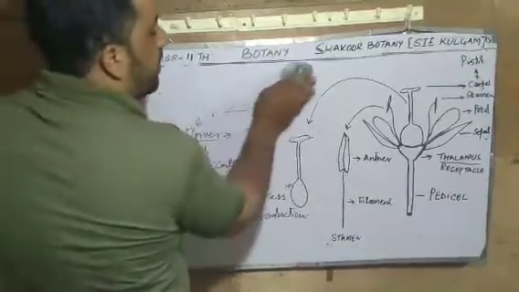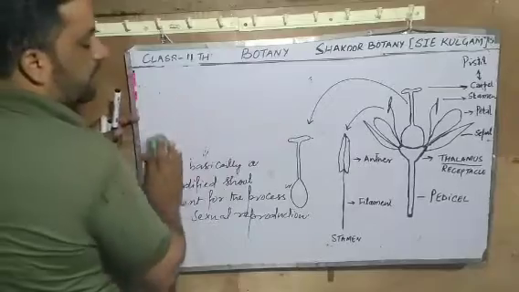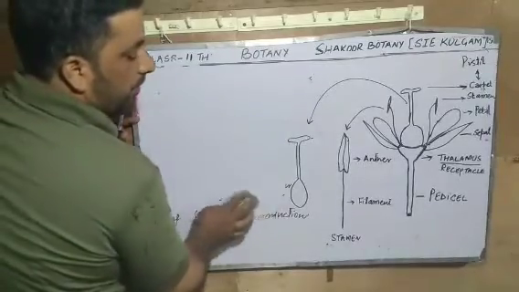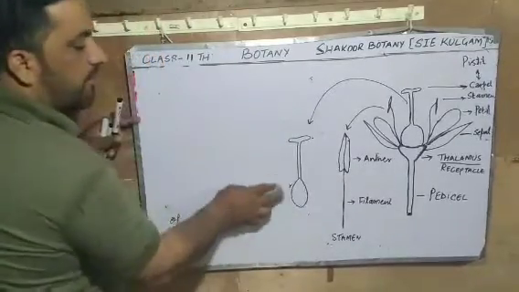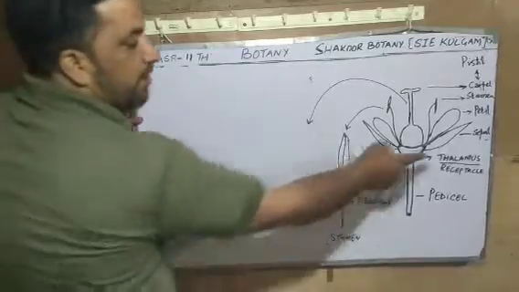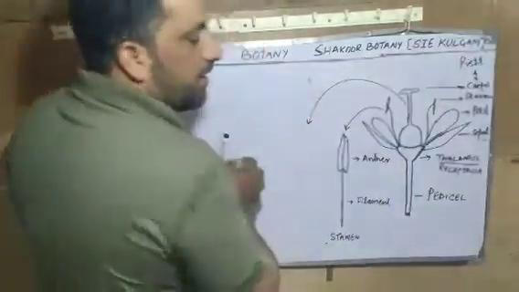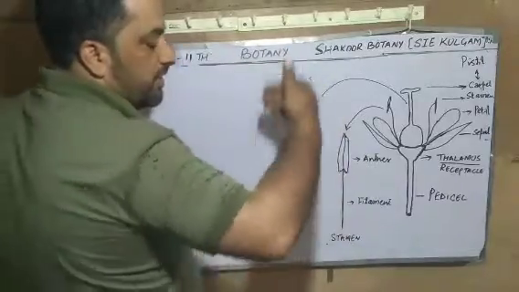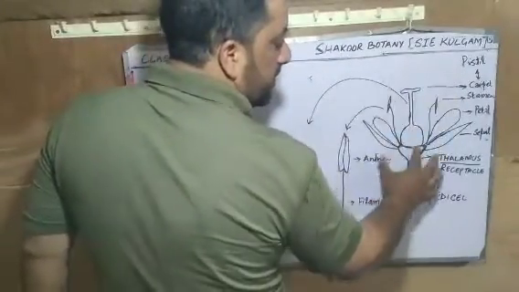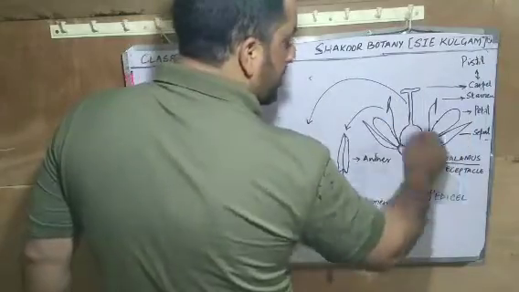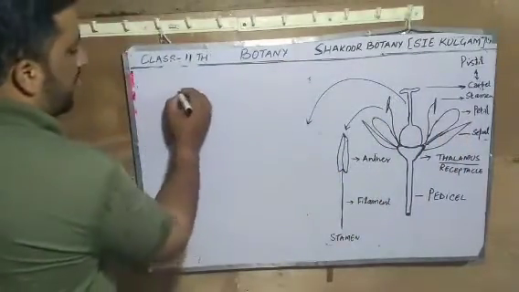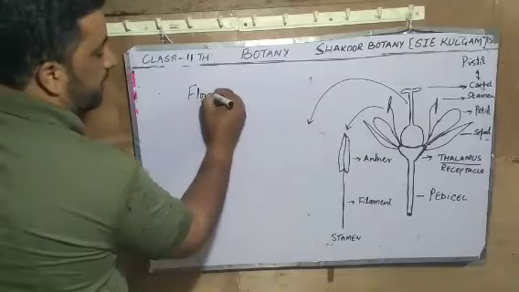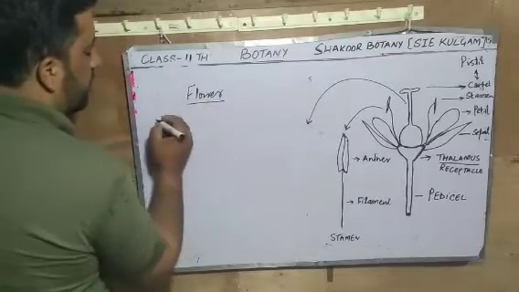And if you see a flower, I have drawn a diagram of a flower. See, this is the diagram of a flower. If you see the vertical section of a flower, you will see the structure of a flower like this. अगर आप एक फ्लावर का स्ट्रक्चर देखेंगे वर्टिकल सेक्शन में, आपको क्या मिलेगा?